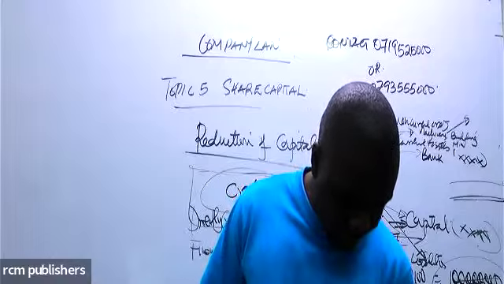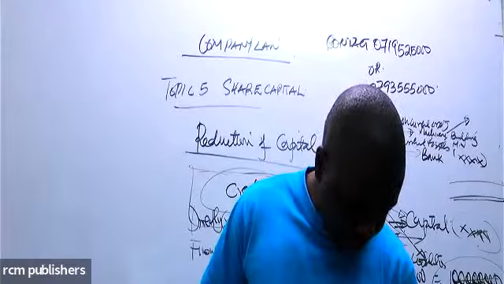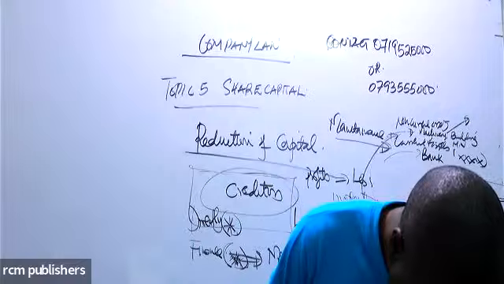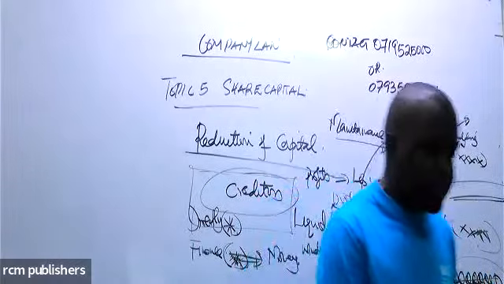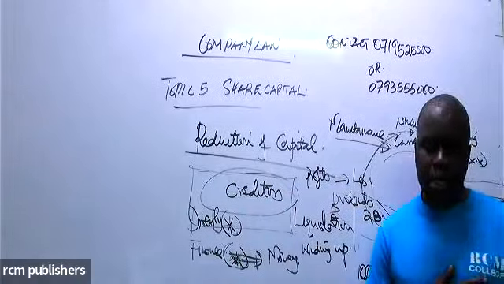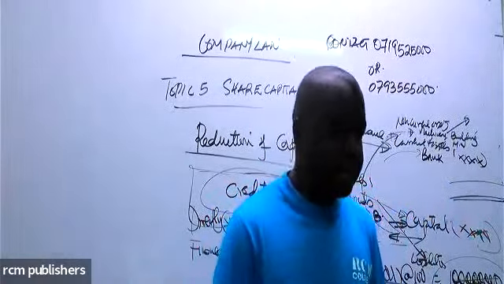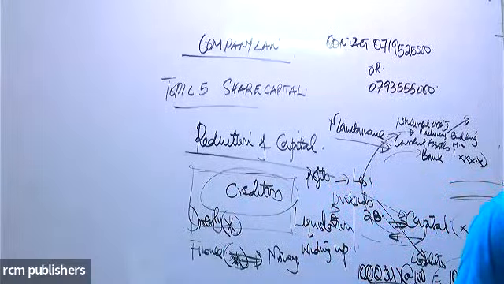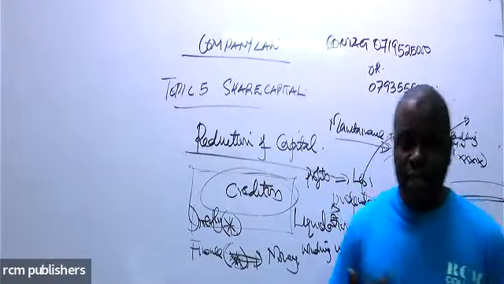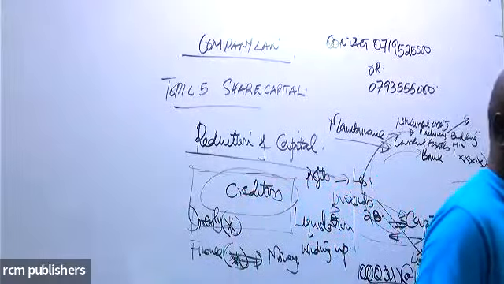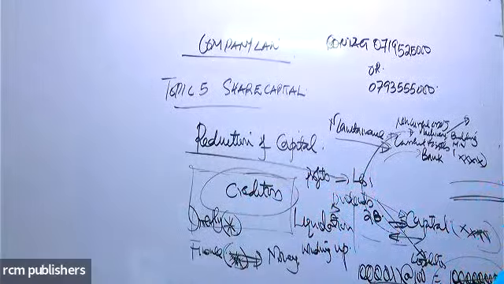Paid up, just from the word itself, is that part of the issued share capital that has been subscribed for and actually paid up for by the shareholders. It has already been paid up for. Then issued is that part of the nominal or registered capital that has been issued out for subscription or application by members of the public. So that's how we can describe them.